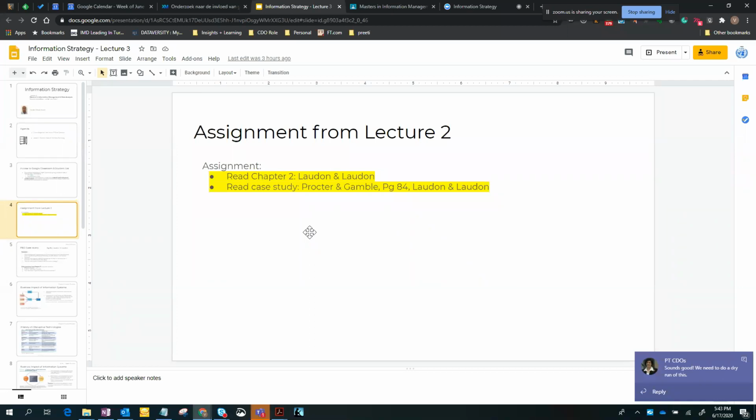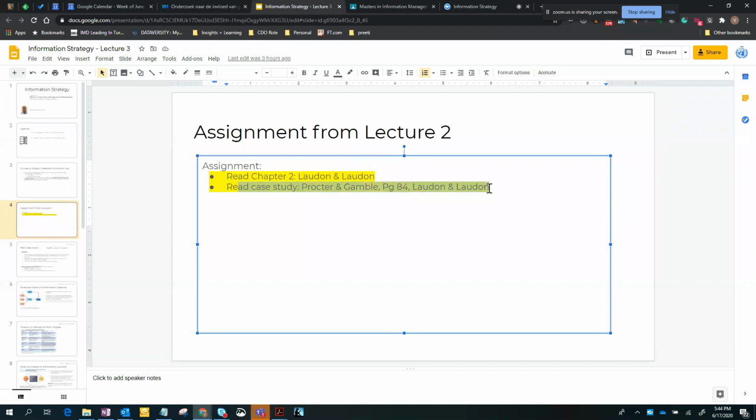I am covering key concepts, but I am expecting you to read the whole chapter. I will always pick one case study that you should go a little deeper into, think about the answers to the questions, and start to think about what it means and what it could be.